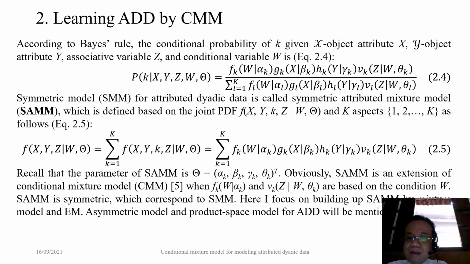Obviously, SAMM is an extension of the conditional mixture model CMM when f_k and v_k are based on the conditional W. SAMM is symmetric, which corresponds to SMM here. We focus on building up SAMM by mixture model and EM. The asymmetric model and the Rhodes model for S will be mentioned later.